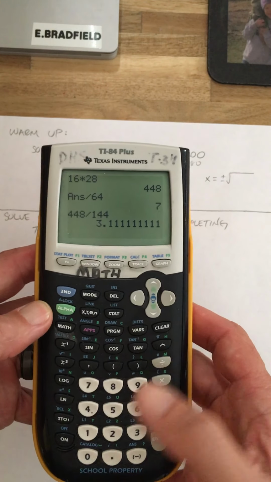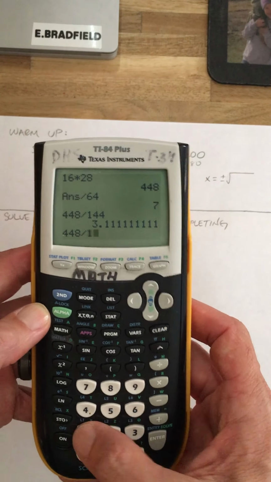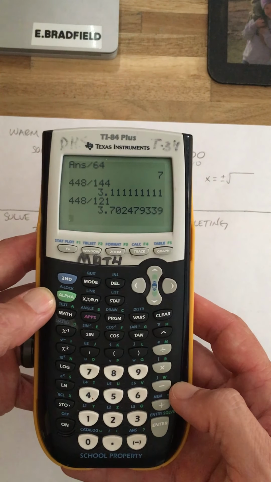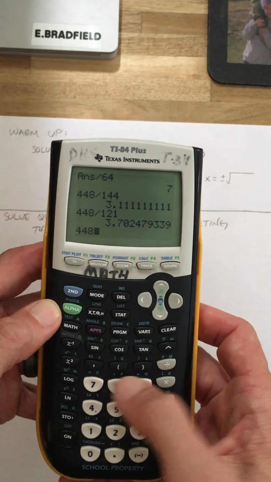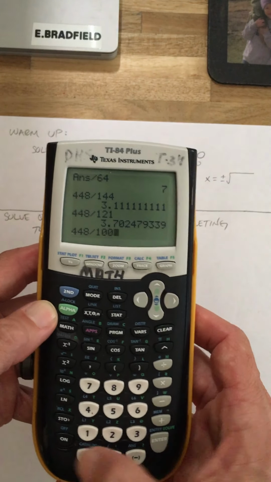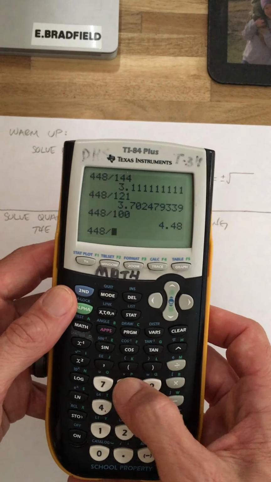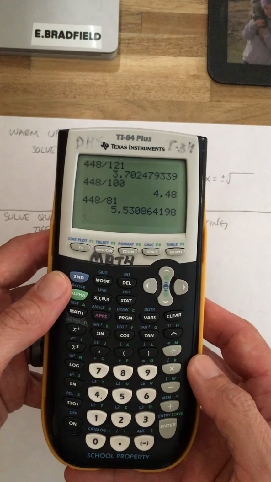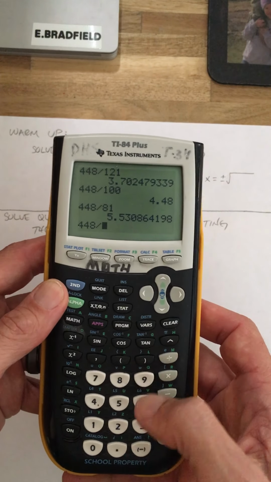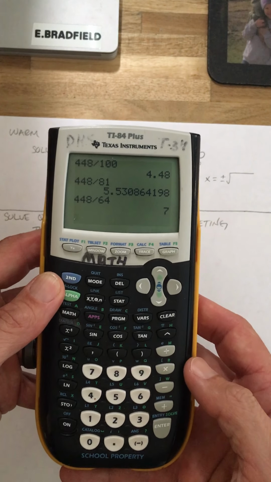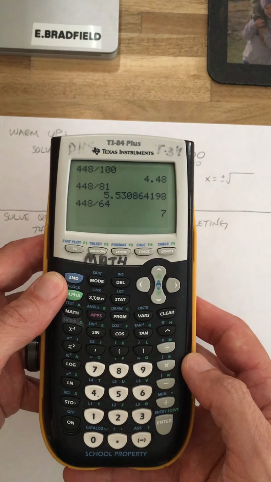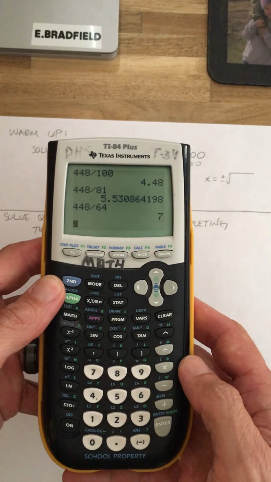Nope, that's a decimal. 121? Nope. 100? Nope, that's a decimal. 81? Nope. 64? Boom, there it is. 64 times 7.